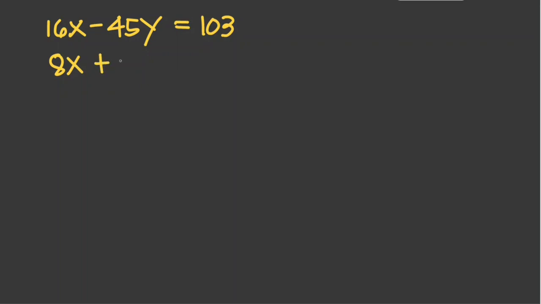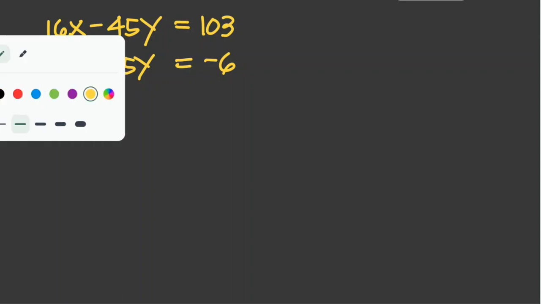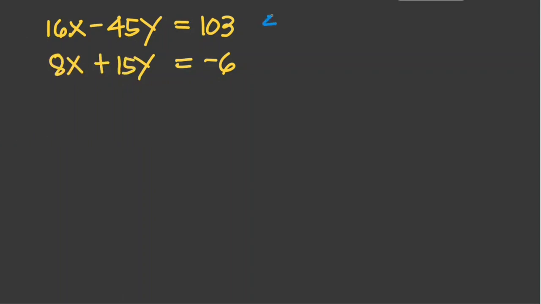Equation 4 is 16x minus 45y equals 103, and equation 5 is 8x plus 15y equals negative 61.